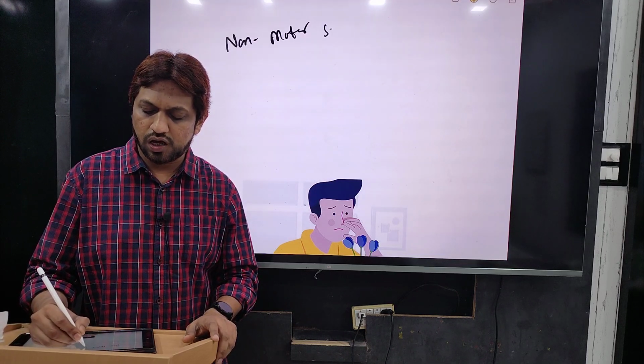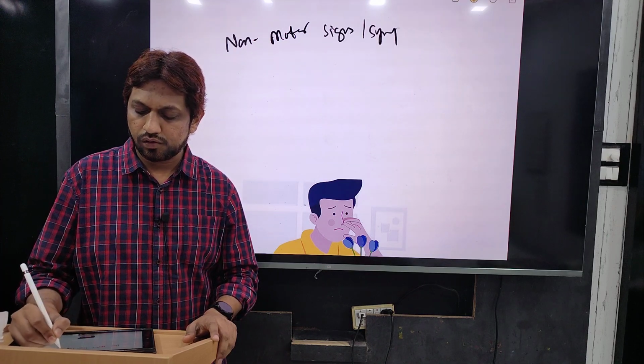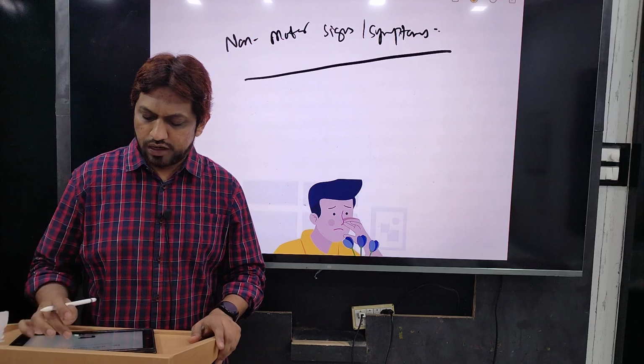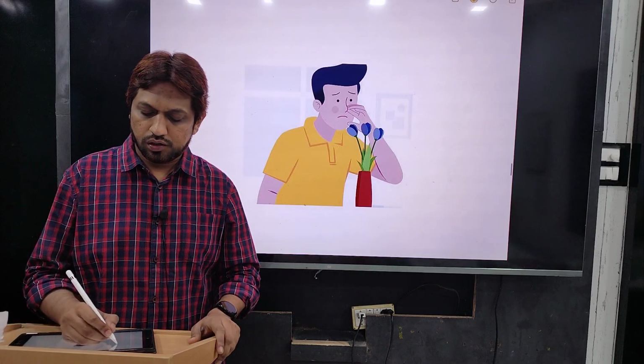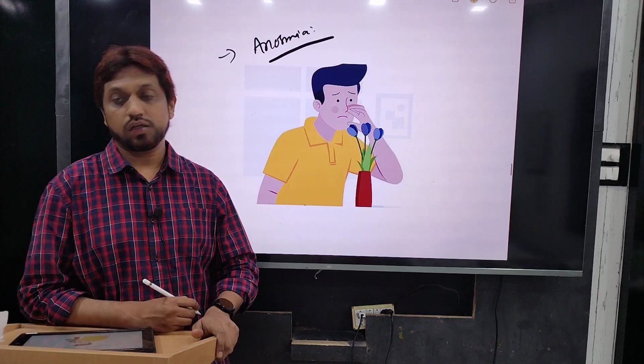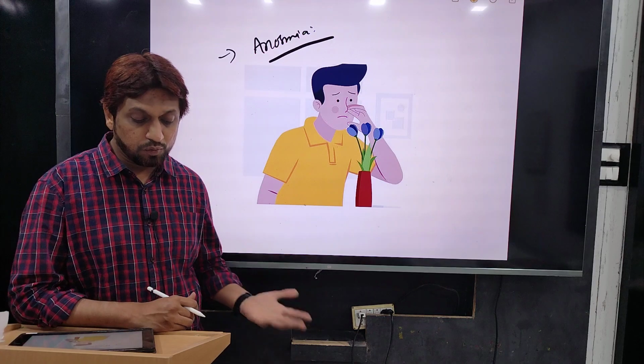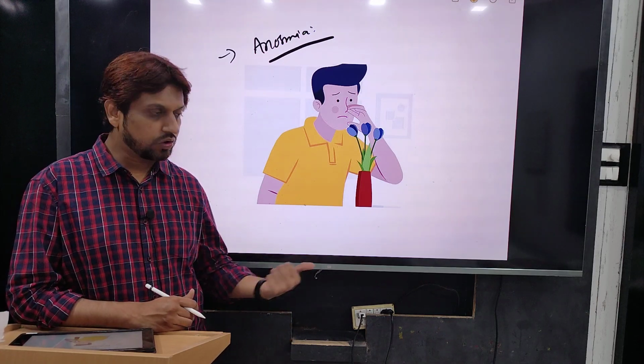So the non-motor signs and symptoms are, I will just spend time on the important ones. Anosmia, that is loss of smell sensation. Again this is very common and it will precede the motor symptoms.